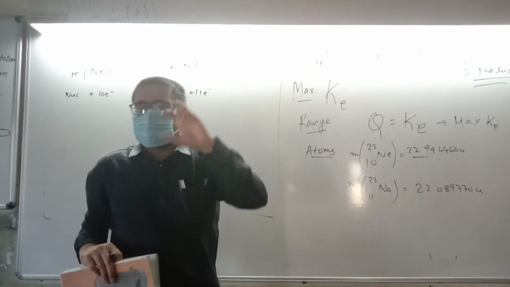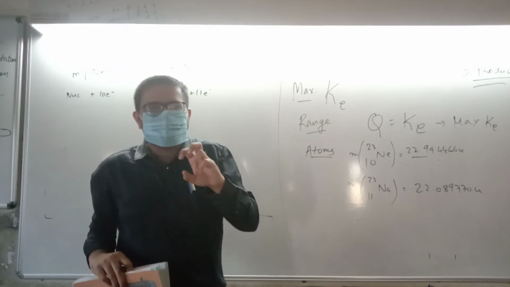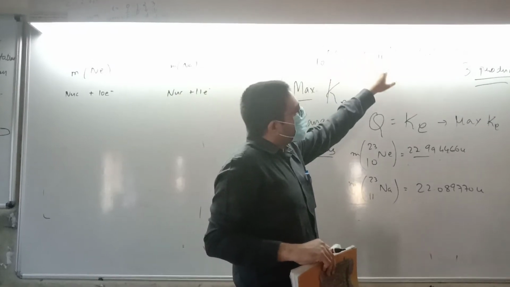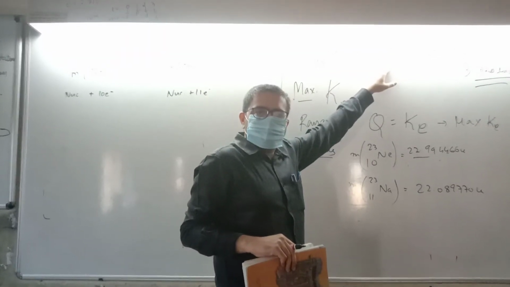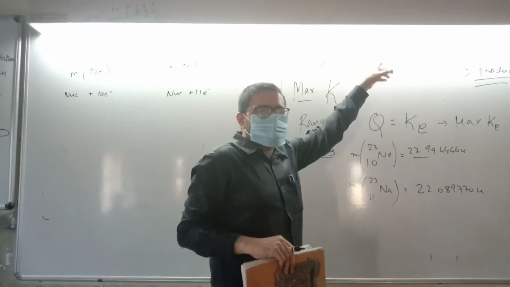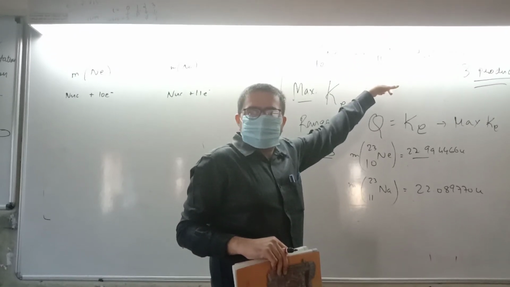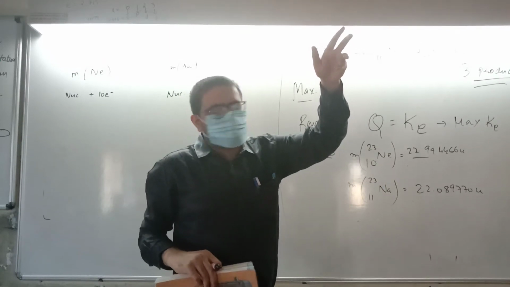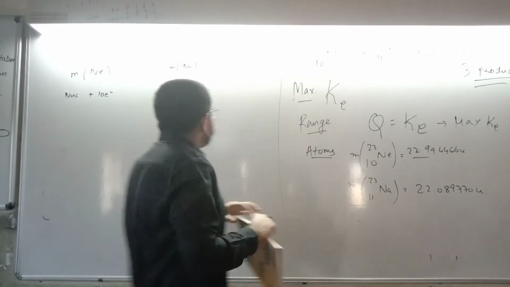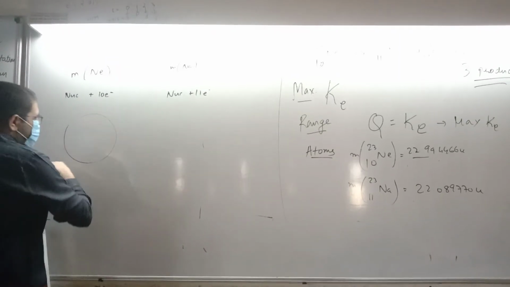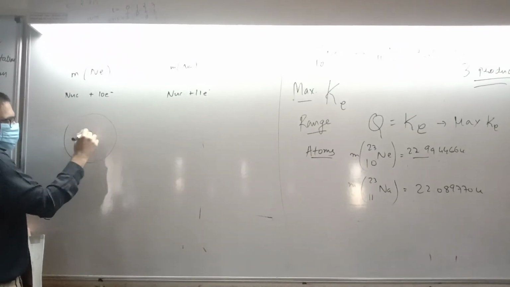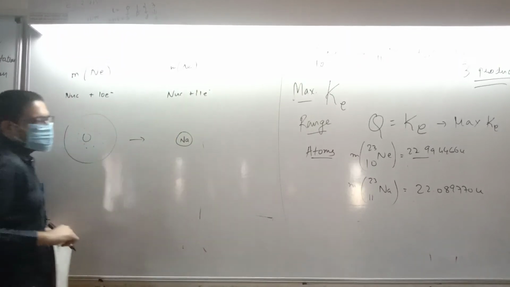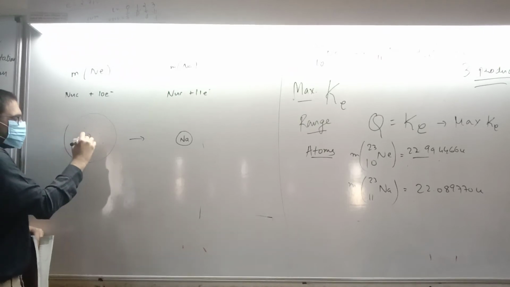Suppose you take a neon atom. Any neon atom has 10 electrons. Make sense? Now suppose from that you get sodium atom. But to make an atom, one extra electron is needed. Nuclear reactions don't create extra electrons. You should understand. What I mean to say is that if you imagine the neon atom with 10 electrons, something happened and the nucleus now becomes sodium nucleus.